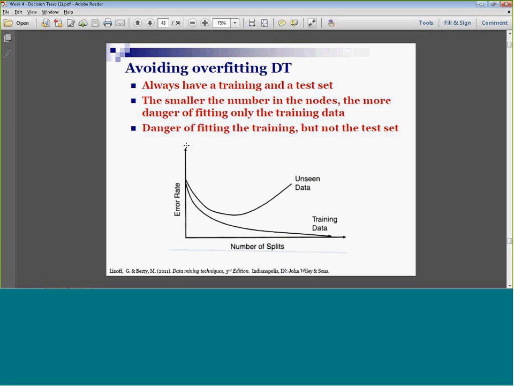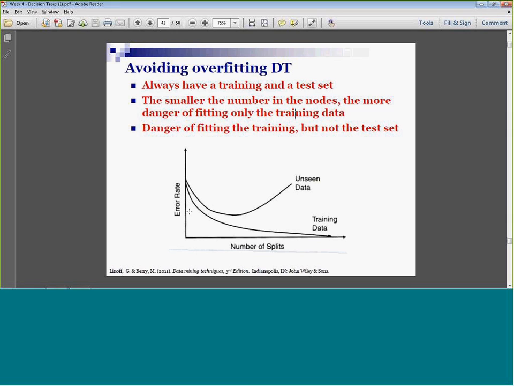So here's kind of conceptually what it looks like. First of all, we always have a training set and a test set. You always have to have that. The smaller the number in the nodes, the more danger of fitting only the training data. Remember I mentioned that. When you keep splitting, getting smaller and smaller number of cases in each leaf, you're running into some dangers there. So the danger is fitting the training, but not the test set.